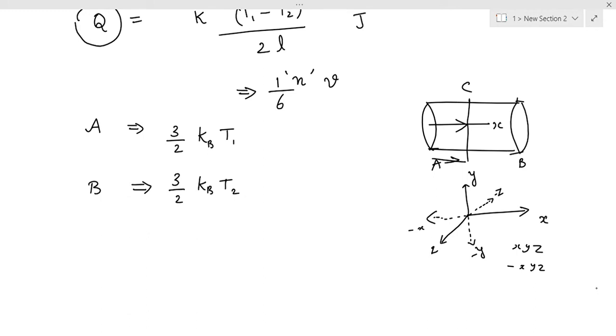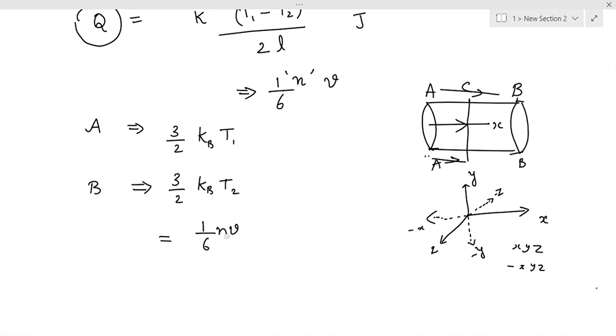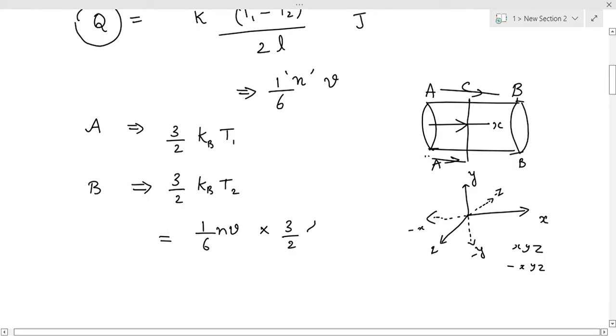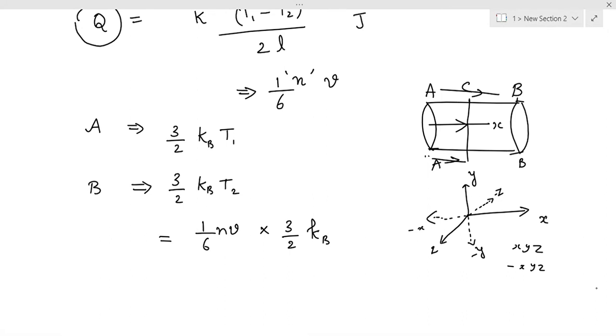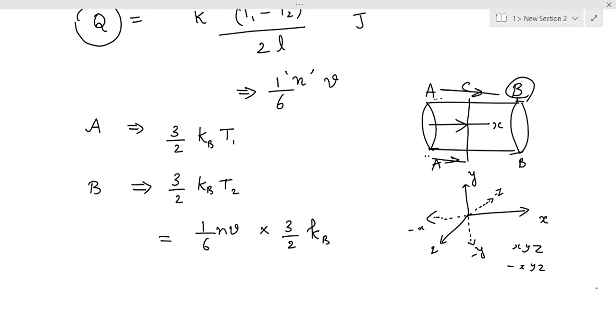Now, the heat energy transferred from hot end A towards the cold end through C is taken as the number of electrons with thermal velocity v moving along the positive x-axis, multiplied by the average kinetic energy possessed by the electrons moving from A to B. I repeat it: the heat energy transferred per unit time, per unit area of cross section from hot end towards cold end across C in the metal rod depends upon two parameters.